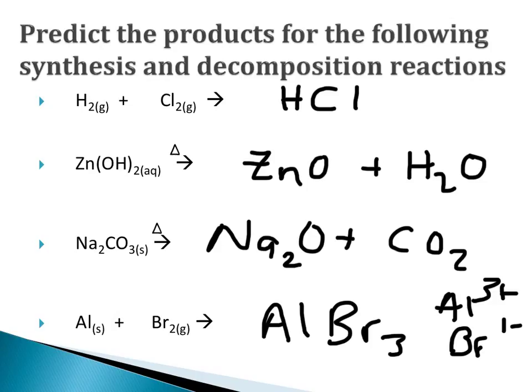When I cross those over, I get AlBr3. Really important to note, some people will want to write AlBr2 because they're just going to combine them. Remember, when you have 2 things coming together forming an ionic compound, as we have here with a metal and a non-metal, you need to take a look at the ions and the charges on those ions and write the proper formula using those charges.